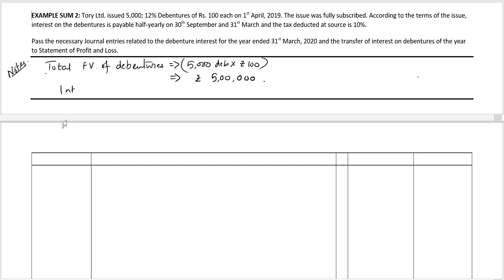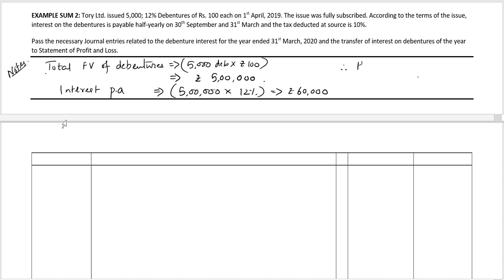The interest per annum is equal to the total face value, which is 5 lakh rupees, multiplied by 12% interest rate per annum, comes up to 60,000 rupees.